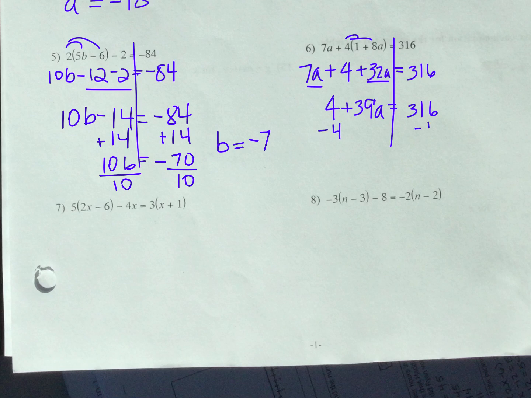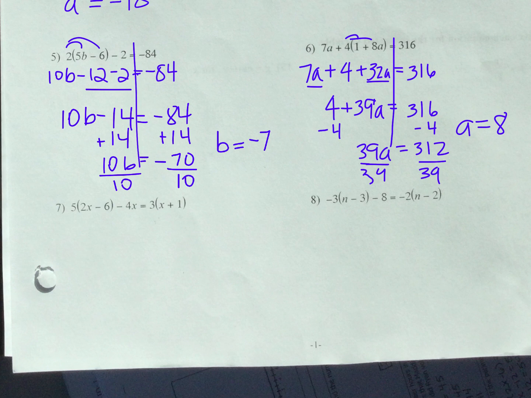I'm going to subtract 4. 39a equals 312. Divide both sides by 39 and end with a equals 8.